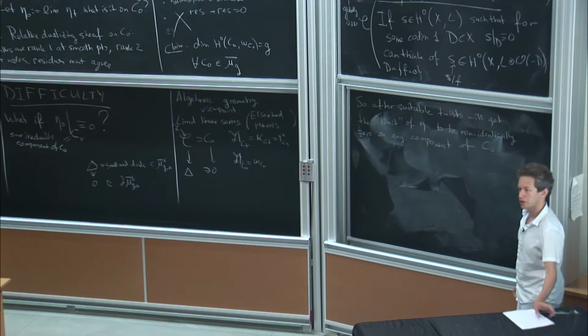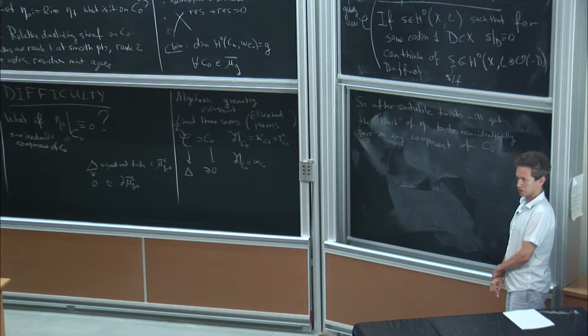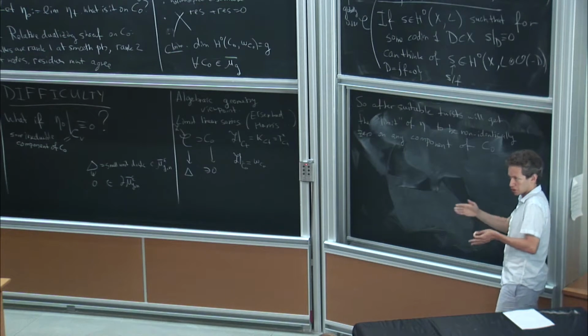And then we would be very happy because we would have non-zero objects, and that's exactly our goal. Because if we have a non-identically 0 object, we can look at its zeros. There is one problem.